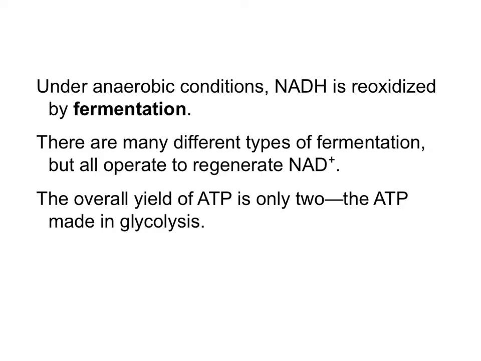Under anaerobic conditions, which means without oxygen, NADH is reoxidized back by fermentation. There are many different types of fermentation, but they all operate to achieve the same goal, which is to regenerate that NAD+. In other words, to oxidize NADH back to NAD+ by removing the electron from NADH.